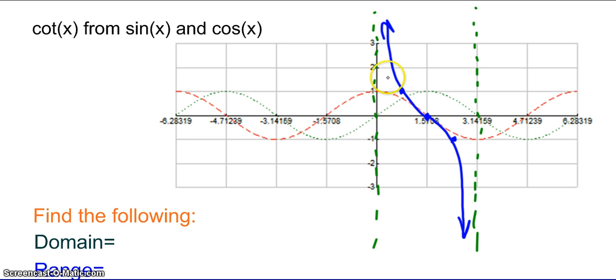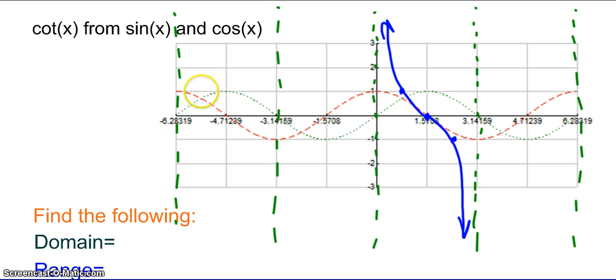Notice that the shape of a positive cotangent graph is the opposite of a tangent graph, and vice versa. So this is the standard one period for cotangent. If we continue to fill in the rest of the graph, I'll draw in the asymptotes, and then the other points.